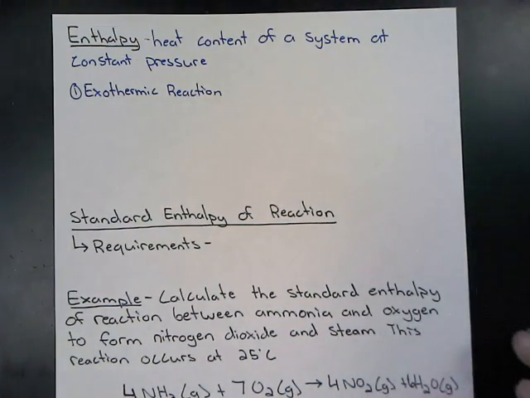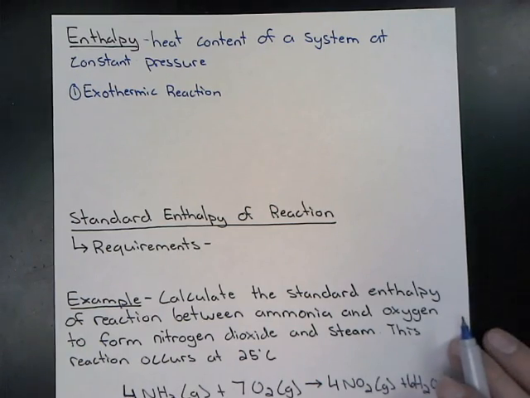For an exothermic reaction, what happens is that the enthalpy of the products is less than the enthalpy of the reactants. So what happens here is this. Number one, the heat change from start to finish gives us a negative value for enthalpy.